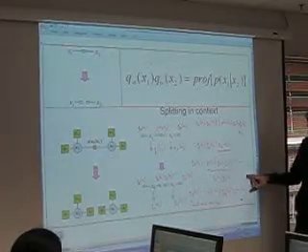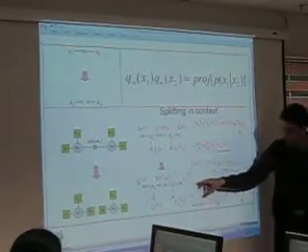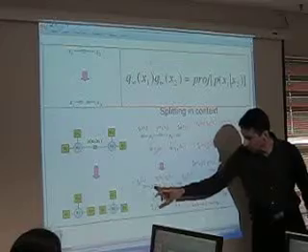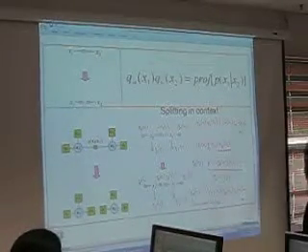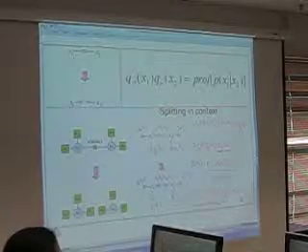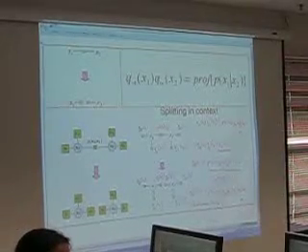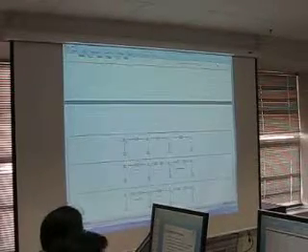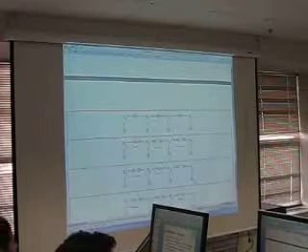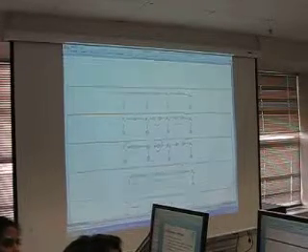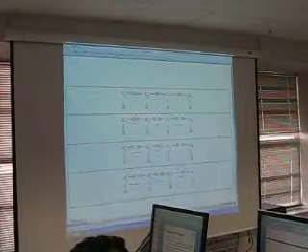And find this value, and if you need the value here, you can use this to pass the message to another one. And you have a chain in your graph.